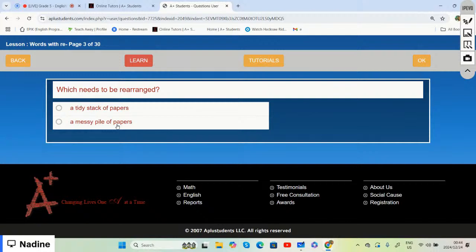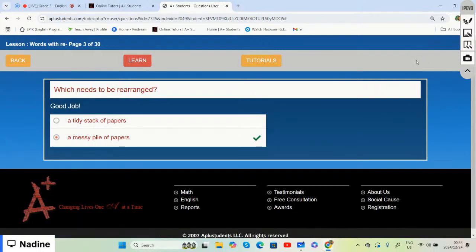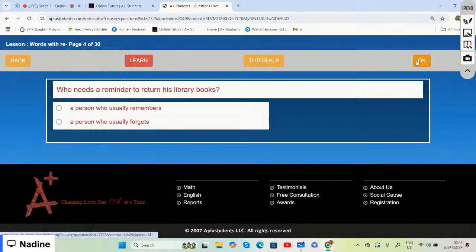If we were to rearrange something, then we can say yes, option two, because we can rearrange a messy pile of papers.